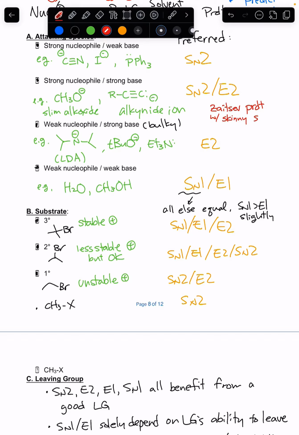With a skinny, strong base, Zaitsev products are favored, and Hofmann products are favored with a bulky, strong base.